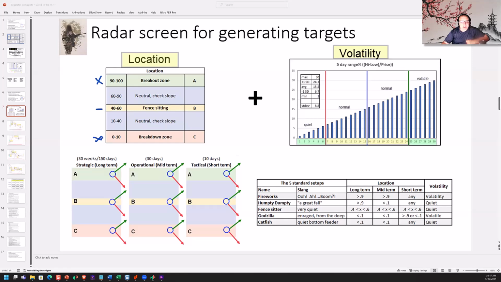But if we use that for strategic long-term traders that are looking at, let's say, the last 30 weeks and 150 days, we might call them the strategic position traders. And if we looked at short-term, news-driven, emotion-driven, tactical short-term guys, we might say 10 days is short term.